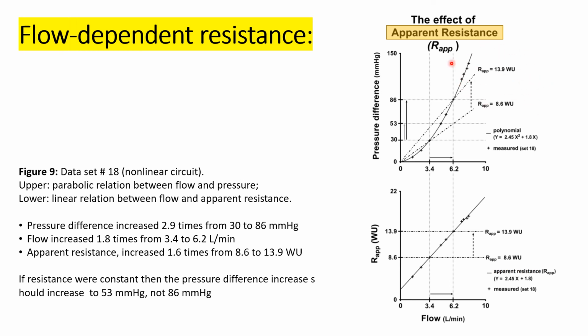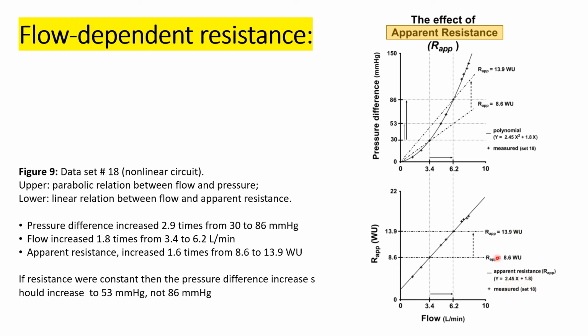So when you transform this equation, divide by x on both sides, you get a new y, because now y here is pressure and y here is resistance in Woods. And then you have the equation that becomes a straight line.